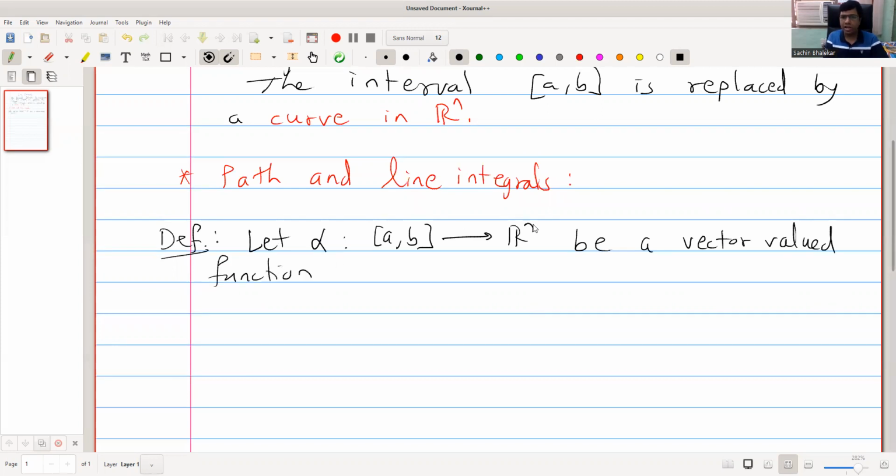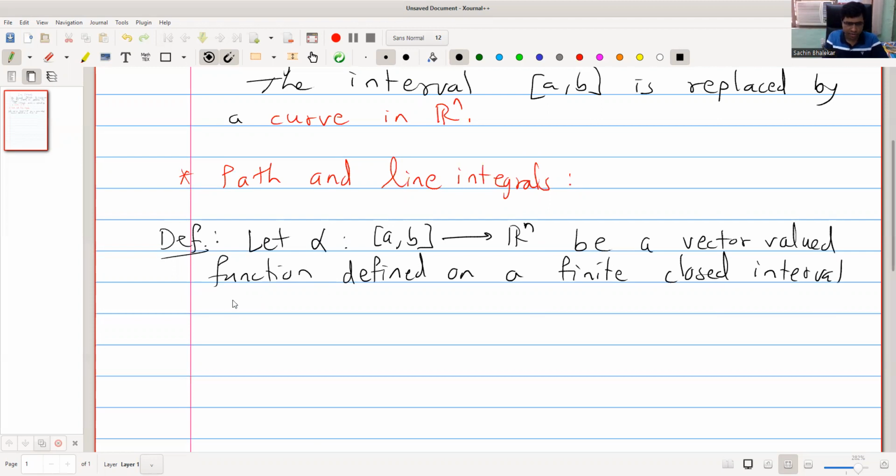Values are in Rn means it is a vector valued function, defined on a finite closed interval [a, b].